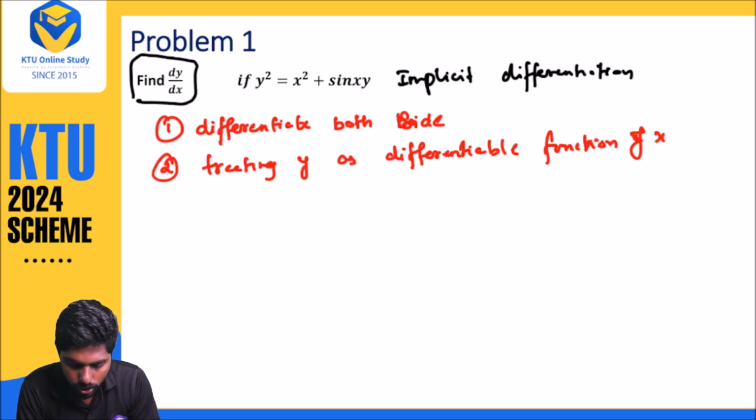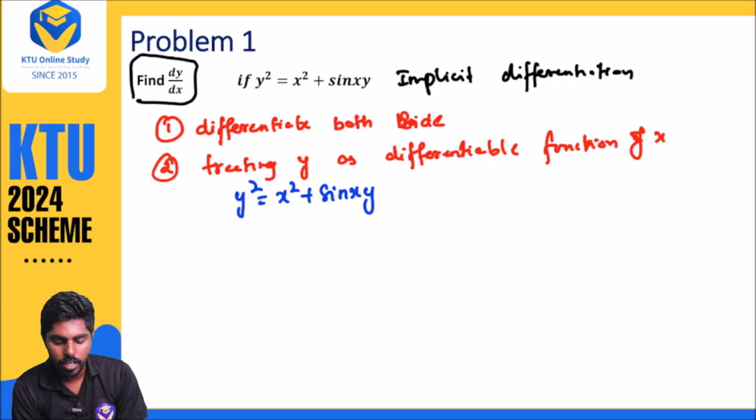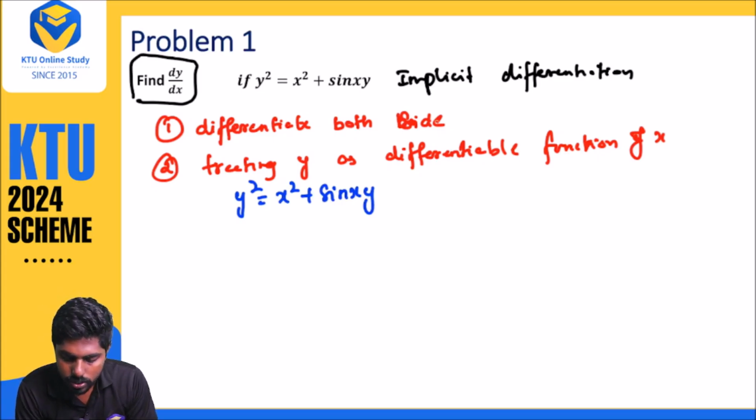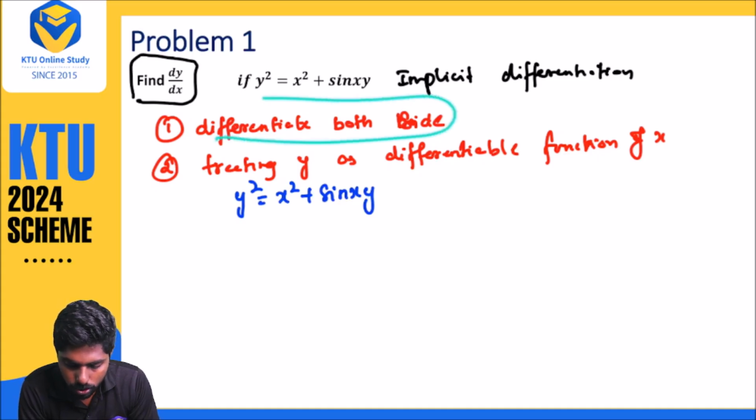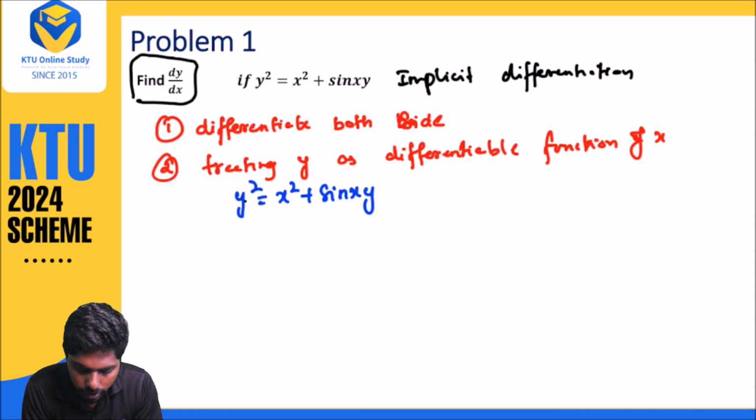Given y square is equal to x square plus a sin xy. The first condition is to differentiate both sides, so we differentiate both sides. When I differentiate y square, it will become 2y.